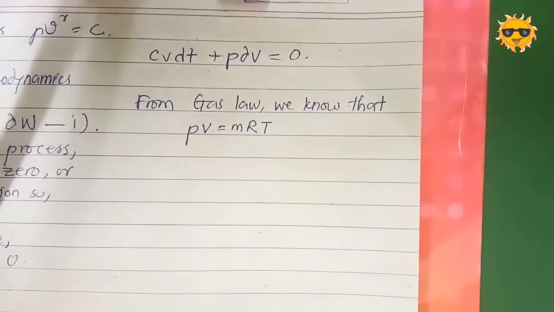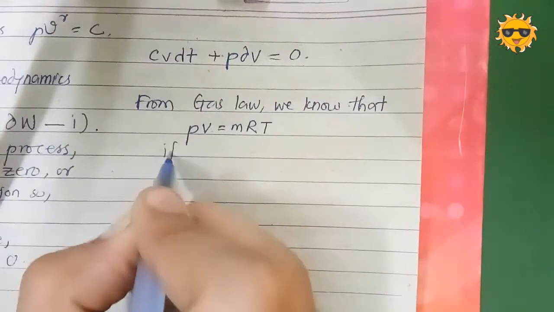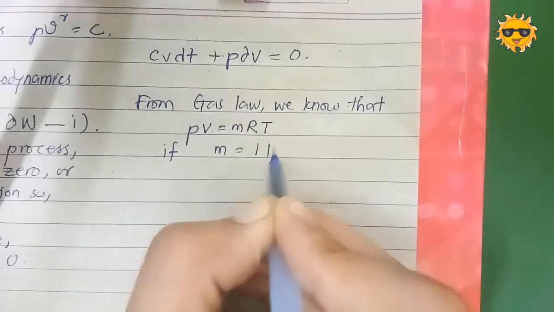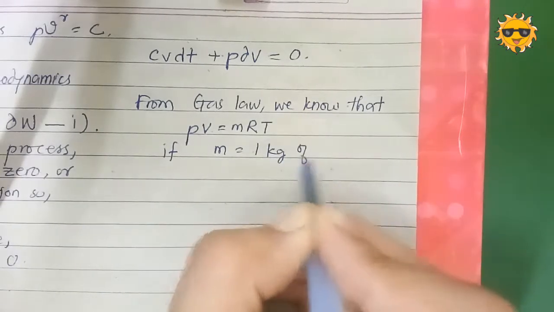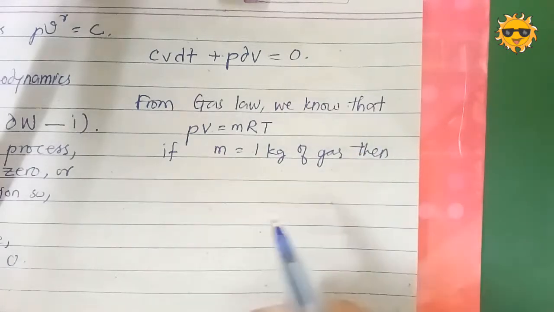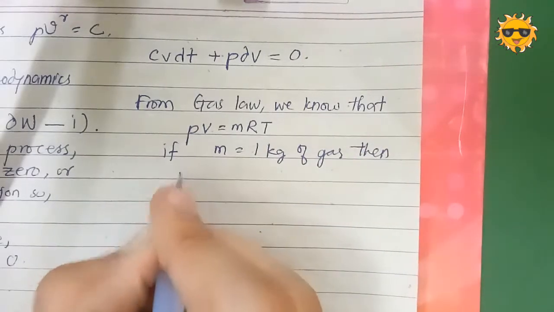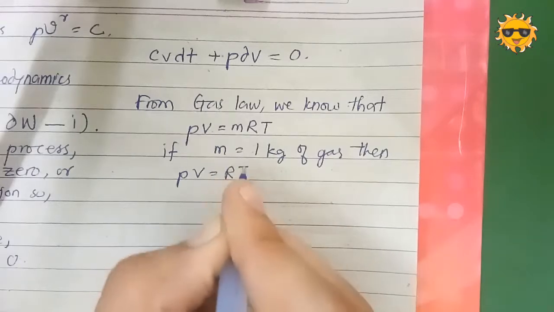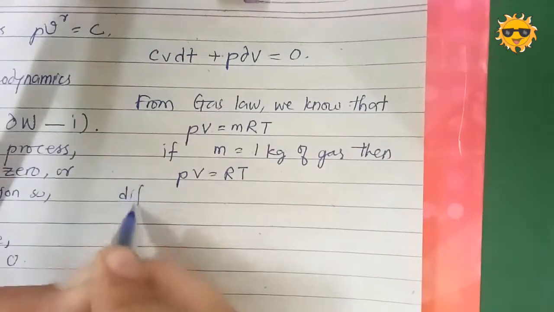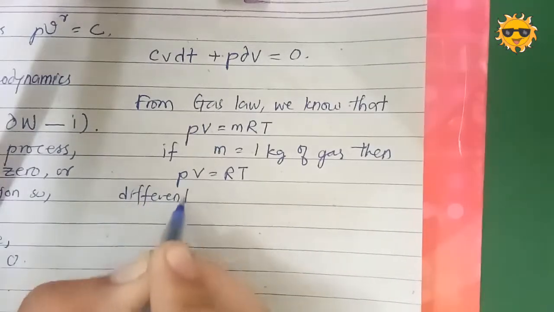P is pressure, V is volume, m is the mass of the gas, R is gas constant, and T is the temperature. If m equals 1 kg of mass of gas, then PV equals RT.